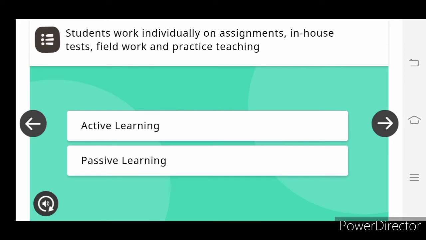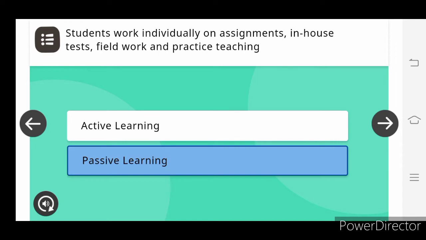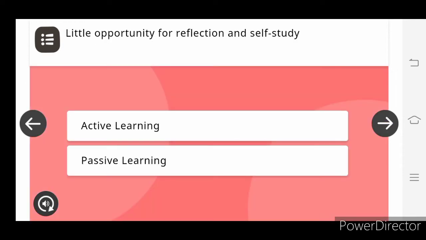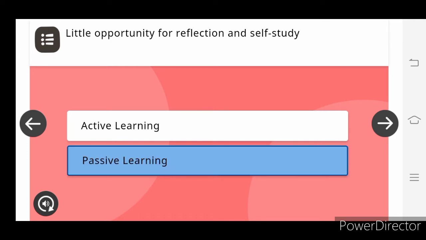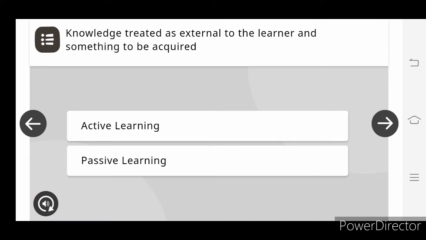Students work individually on assignments, in-house tests, field, and practice teaching. So it is passive learning. Little opportunity for reflection and self-study. It is also passive learning, right?